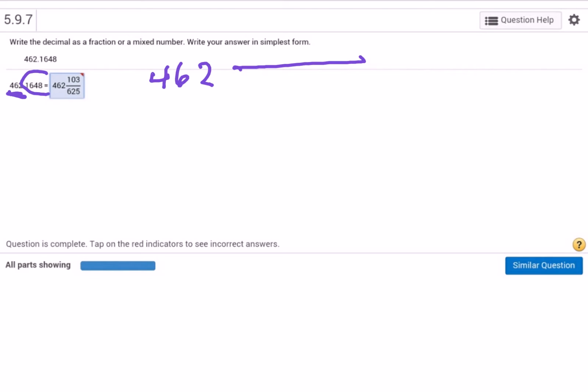But this number becomes the numerator of our fraction. 1,648 10,000ths. Now, how do I know that? Well, let's look at our numbers here. The number 1, right there, that is in the 10th place.